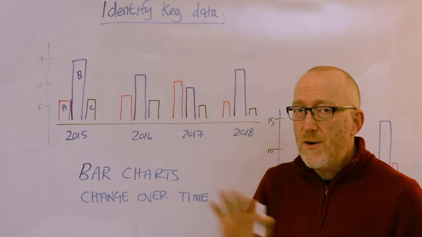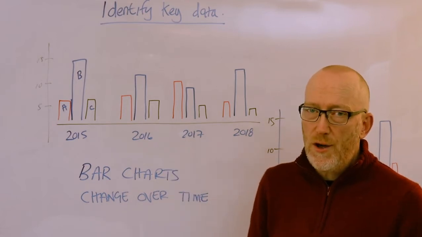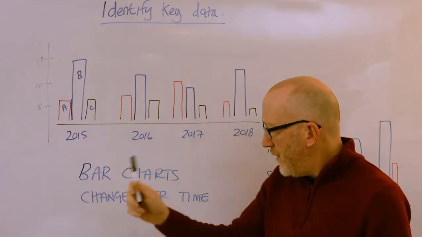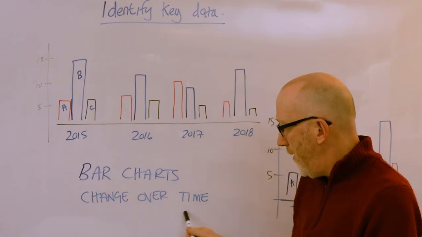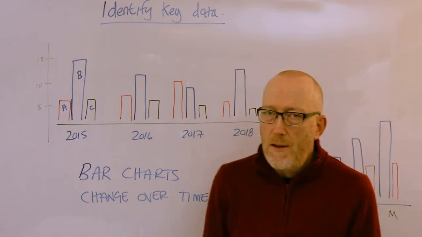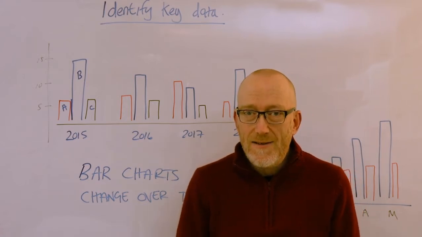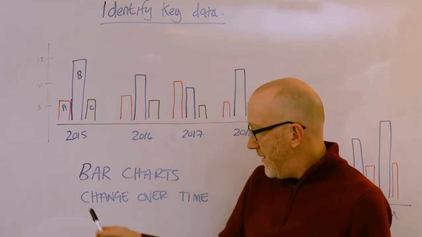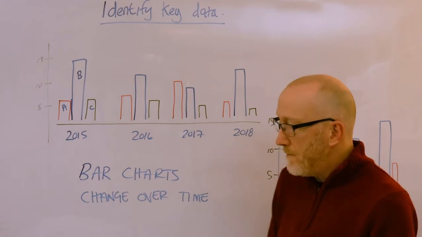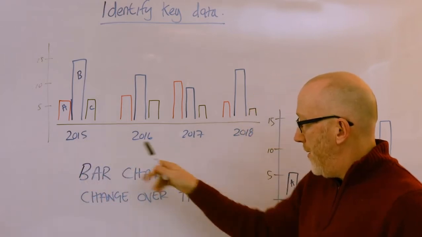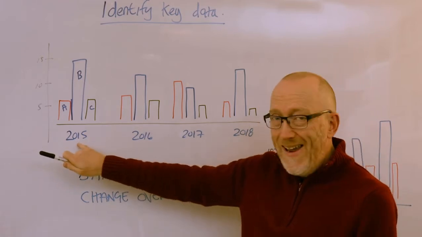The main thing to understand first of all, when you look at any kind of chart or graph, is identifying whether or not your chart is describing change over time. This is very easy to find out straight away, because if it's describing change over time, one of the elements of your chart, usually the bottom of the graph, will be dates.